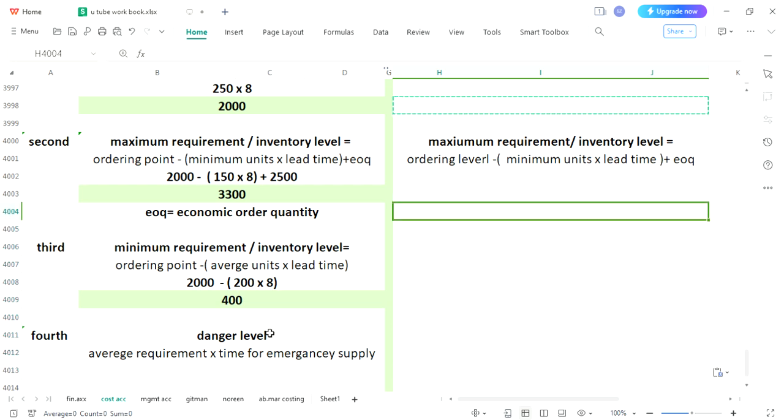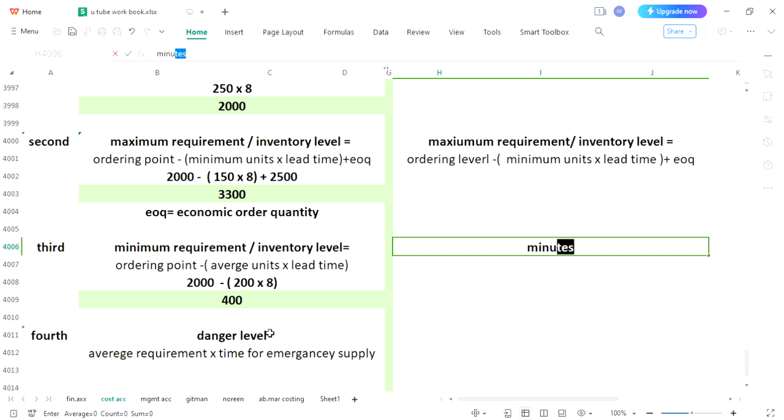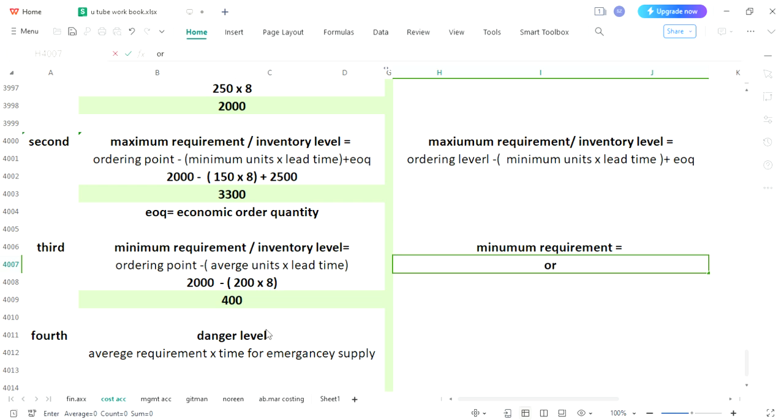So for the third point we will be calculating minimum requirement, and with it you need to have the ordering point and then subtract, bracket open, average requirement. It would be multiplied with lead time and bracket close.